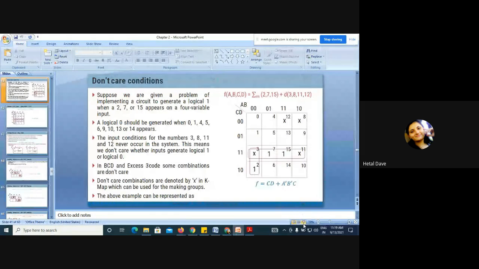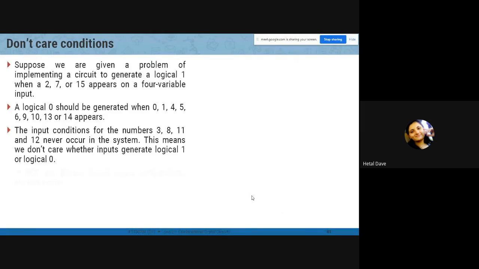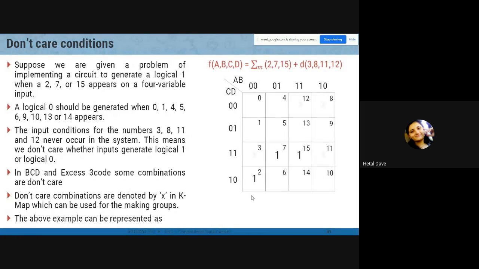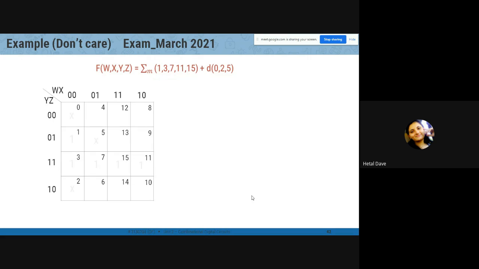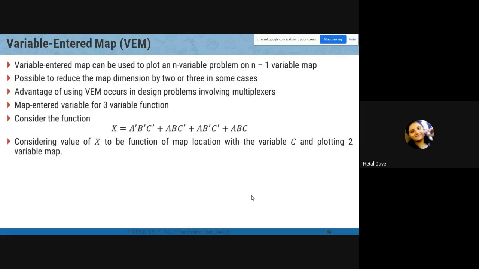So I think we have completed this example. If you remember, we have covered this example and we have considered this equation. Was this covered? Okay. Here it was our third method about don't care.